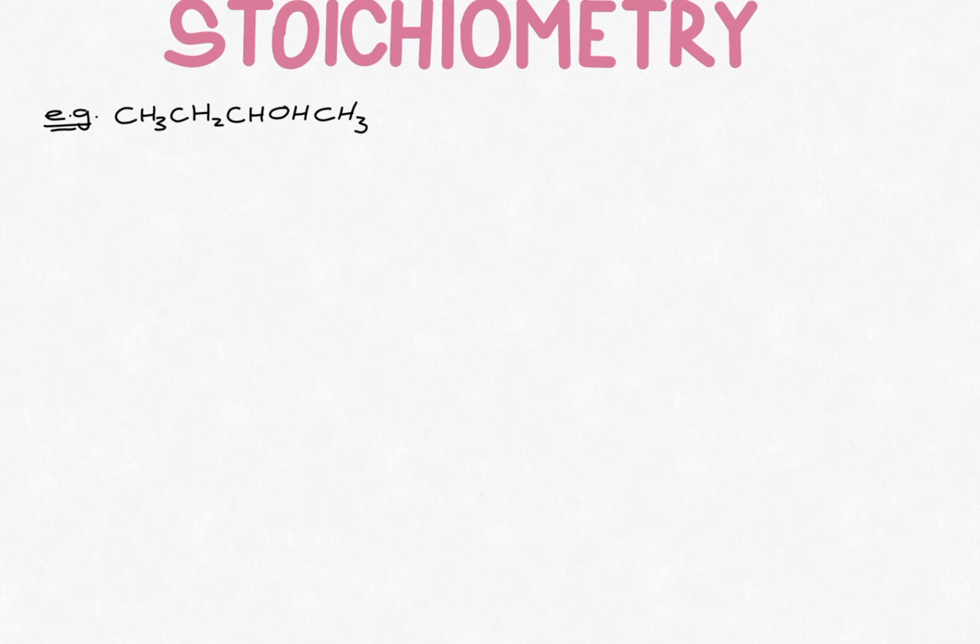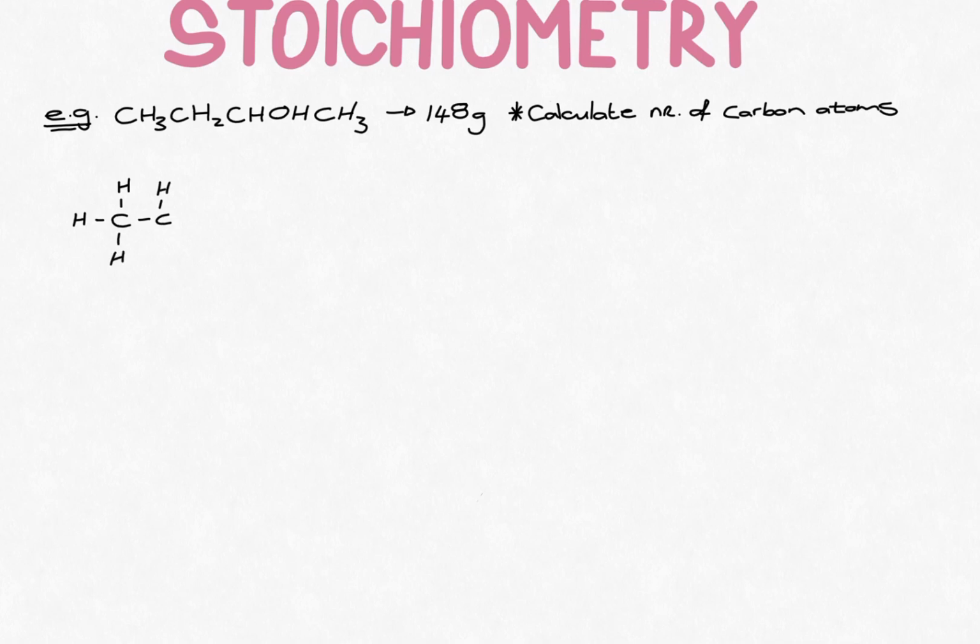We're going to say that there was 148 grams of this compound, and we need to calculate the amount of carbon atoms that are present in this molecule. Here we can see the displayed formula of the alcohol so that we can see exactly how many atoms there are of each. We're going to use our usual method: grams to mole, then mole to mole, and then mole to atoms.